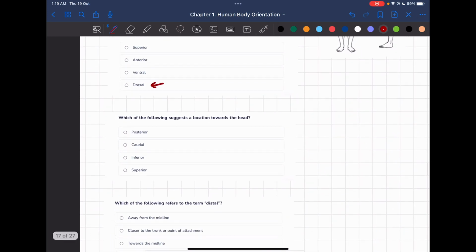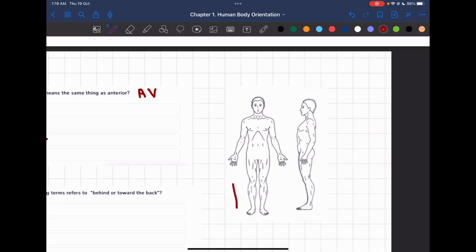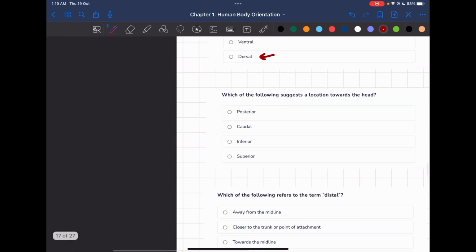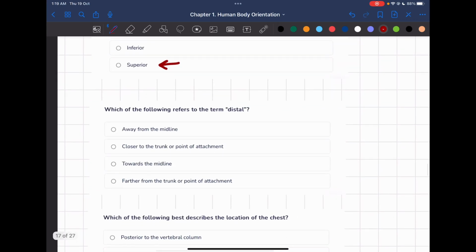Okay, which of the following suggests a location towards the head? Going up like this, it's obviously superior. Which of the following refers to the term distal? You remember when I said distal, I said anything referring to away from the trunk.